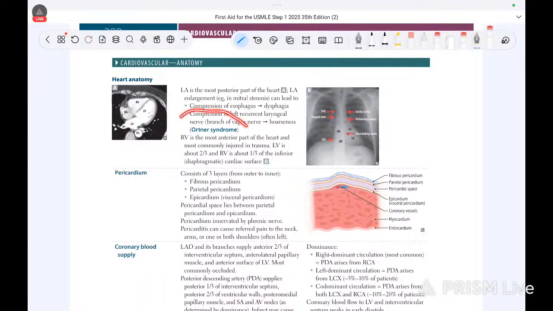This is called Ortner syndrome. It is one of the symptoms, not shown in all cases, but in some cases it might show as one of the signs of a condition like mitral stenosis, where there is enlargement of the left atrium.